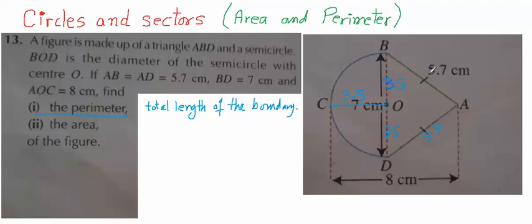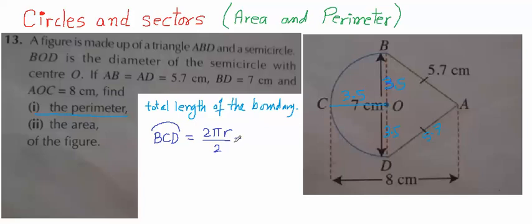We already have this is 5.7 and this is 5.7. Only we need to find the circumference of this semicircle, which is half of the circumference of the full circle. So first I will find this BCD. The arc BCD is equal to the circumference of the full circle, 2 pi r, divided by 2, which gives the circumference of the half circle.